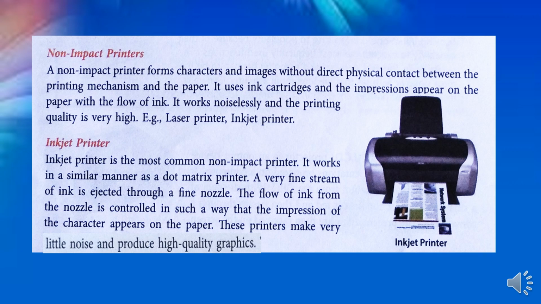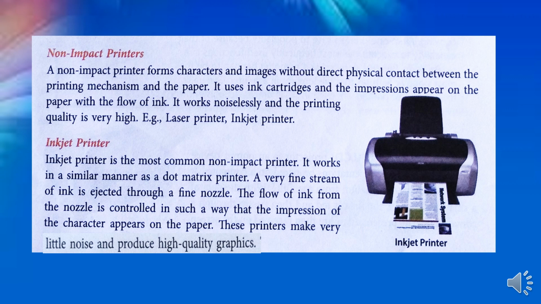Now we will talk about non-impact printers, the most used printers nowadays. A non-impact printer forms characters and images without direct physical contact between the printing mechanism and the paper. It uses ink cartridges and the impression appears on the paper with the flow of ink.